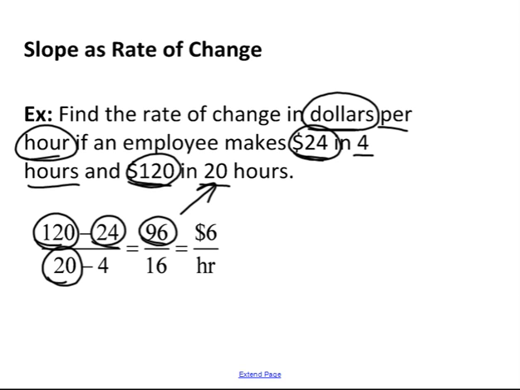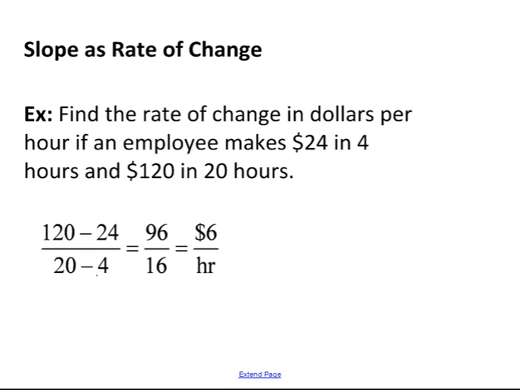So 20 hours, because these two have to match. 20 hours, subtract 4 hours, gives you 16 hours. That does have to be reduced. So check to see if 16 goes into 96 evenly. In fact, it does. 6 times. So that is $6 for every 1 hour.